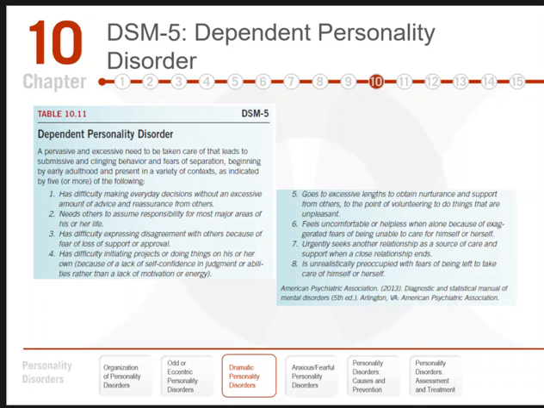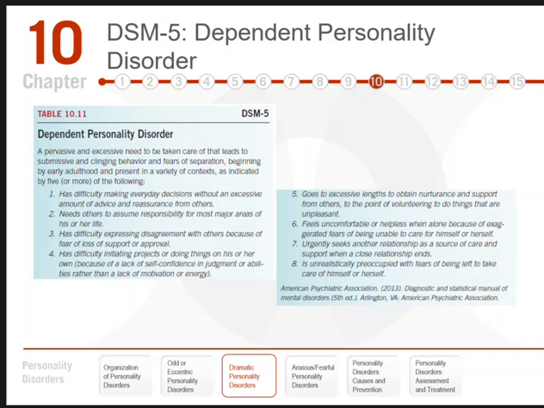And difficulty initiating projects or doing things on his or her own because of the lack of self-confidence or in judgment of abilities. Goes to excessive lengths to obtain nurturance and support, and feels uncomfortable or helpless when alone because of exaggerated fears of being unable to care for himself or herself. So this would be codependency to the max.